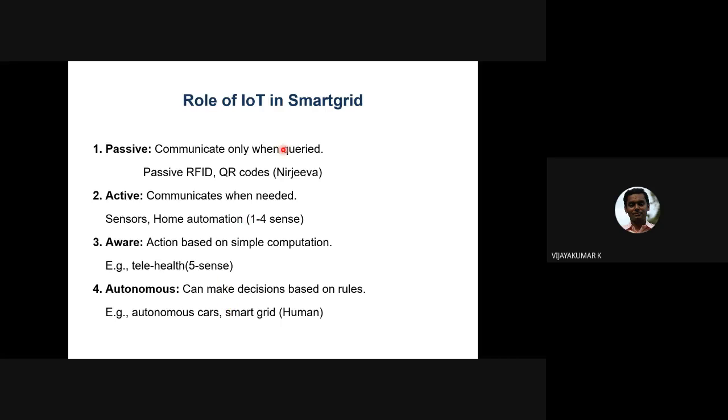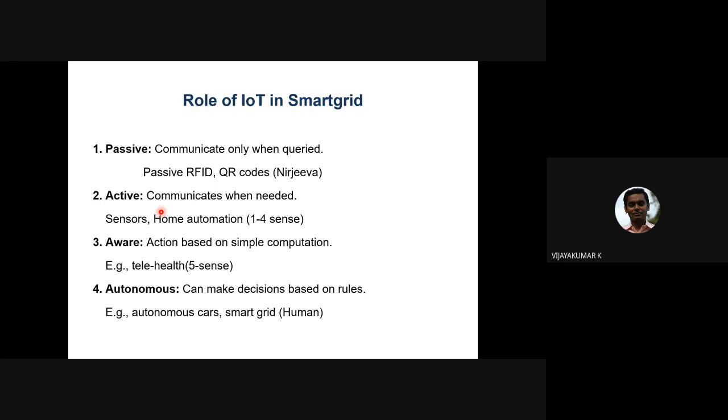Here, when we come to IoT devices or communication devices, earlier we had passive communication. In passive communication, the device can communicate when you raise a query. Examples are the RFID system or QR code system.